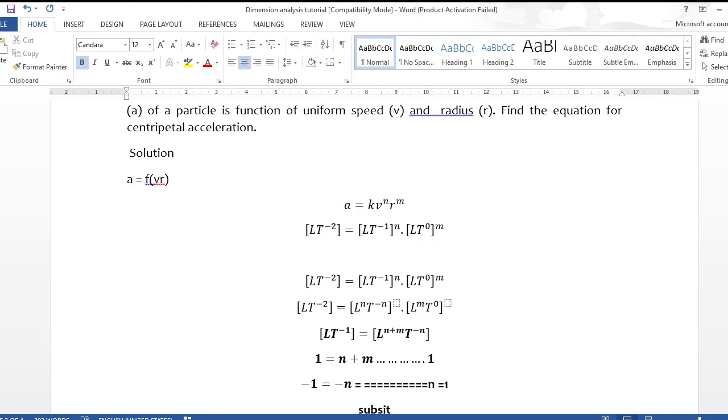Substituting 1 for n in equation 1. Oh, here we made a mistake.